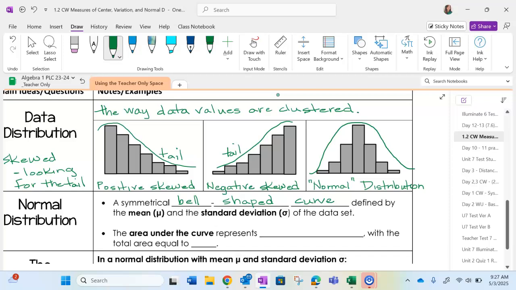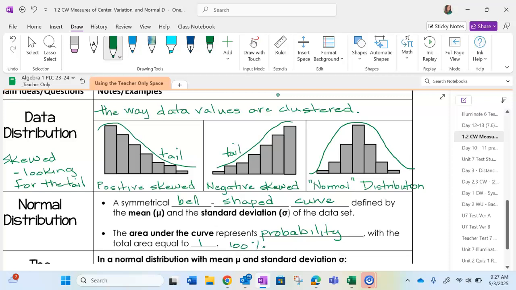The area under the curve, all the area under the curve, is what we call probability. Okay? We're going to work on finding some of that out today. The total area under the curve is equal to 1, or if you change this to a percent, I call it 100%. Okay?